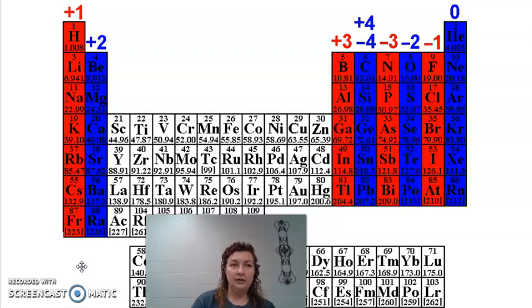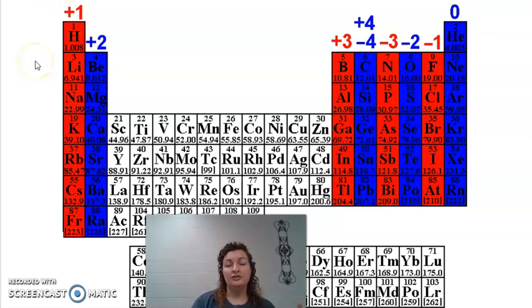Now, we all know every atom wants a full octet, so these atoms are most likely going to give that one electron away to be left with a full octet underneath. Because of that, they end up with a positive 1 charge. So giving away one negative electron leaves you with a positive 1 charge, or a cation. So that positive 1 charge is the oxidation number.